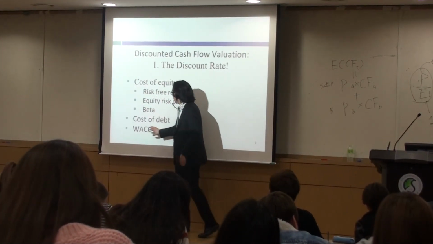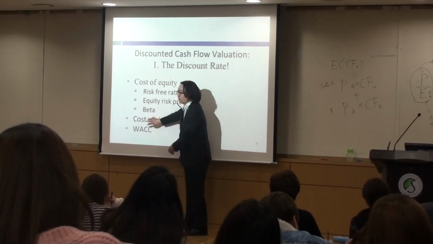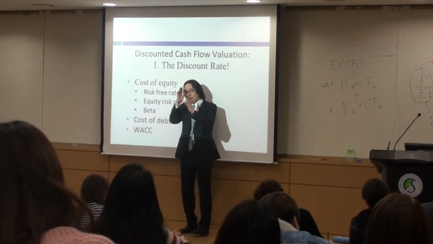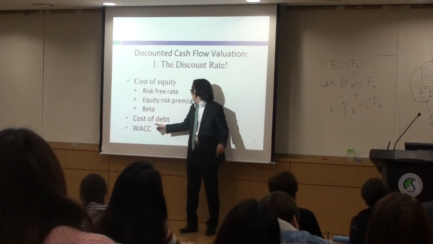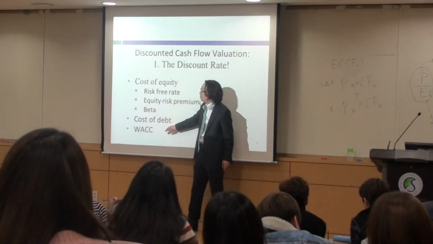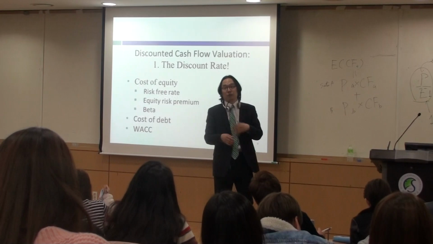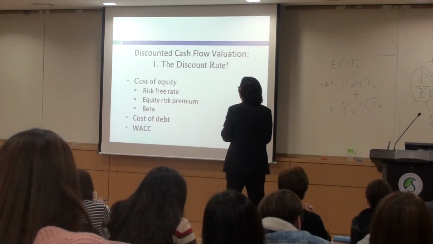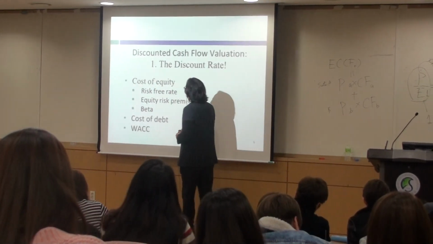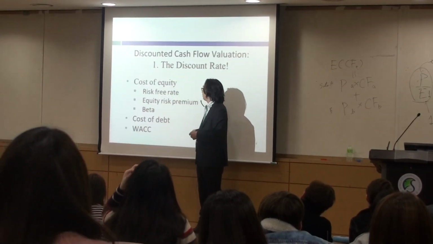And then, as it turns out, the weighted average cost of capital has two components, which are cost of equity and cost of debt, because you are weighting across investors. So we're going to cover the cost of debt, and also the preferred stock, briefly. But before everything else, we have to focus on the cost of equity.